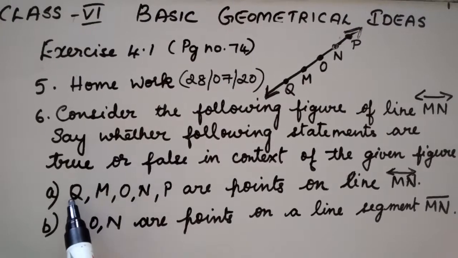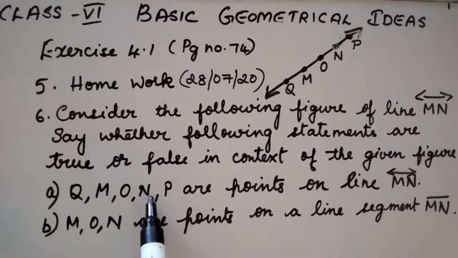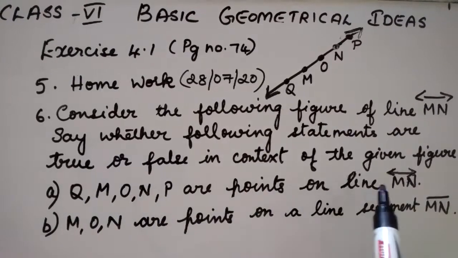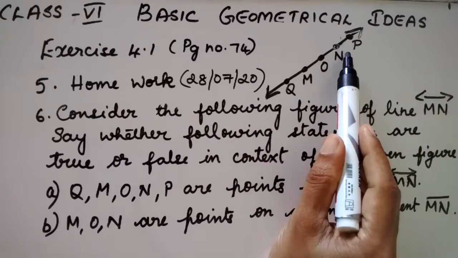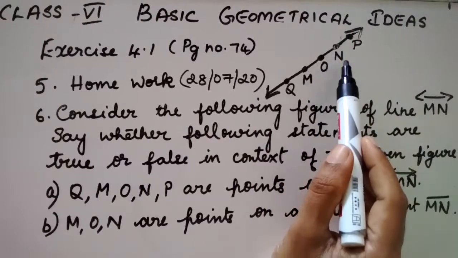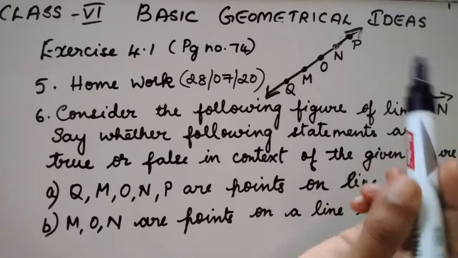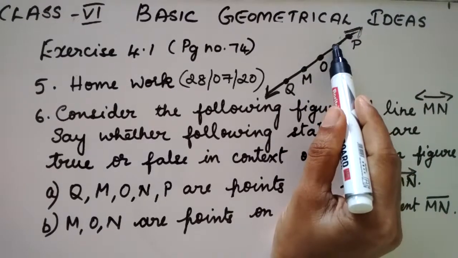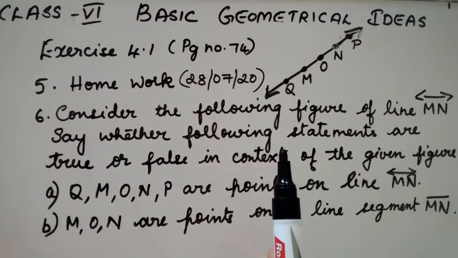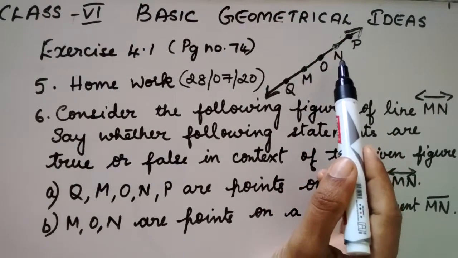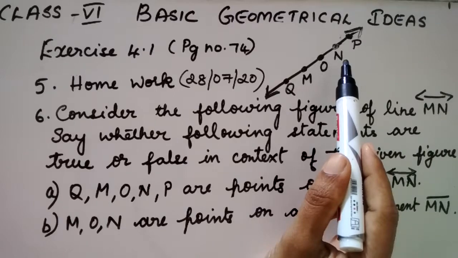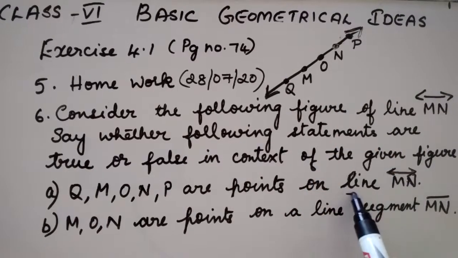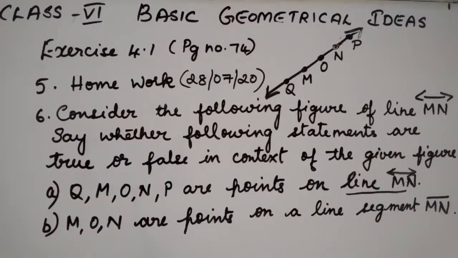Now the statement is Q, M, O, N, P are points on line MN. If MN is a line segment, then it is only from point M to point N. They have not mentioned it as line segment but as line MN.